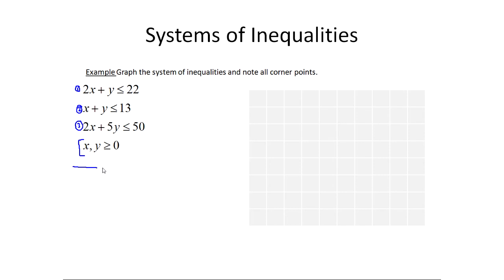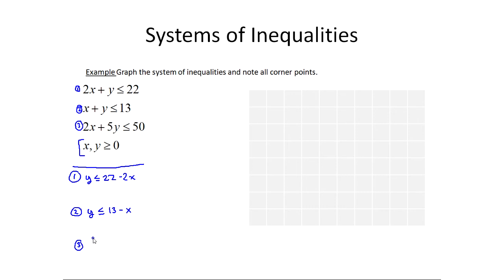So for each of these, I want to first solve for y and then figure out the intercepts. So 1 is going to be y is less than or equal to 22 minus 2x. 2 is going to be y is less than or equal to 13 minus x. And then 3 is going to be, and I'm going to have to do a little bit of work here, 5y less than or equal to 50 minus 2x.